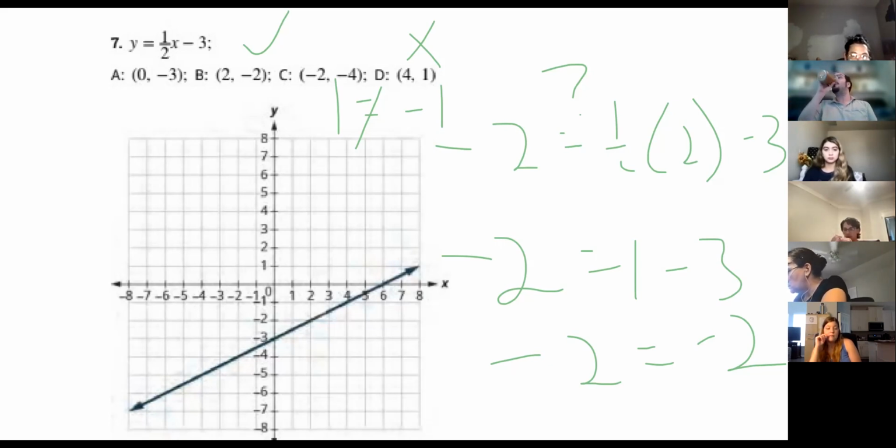I don't understand. The only way that I was able to figure out that number D was not a solution was because it was not on that line, but the other ones were on the coordinate line that is graphed right here.